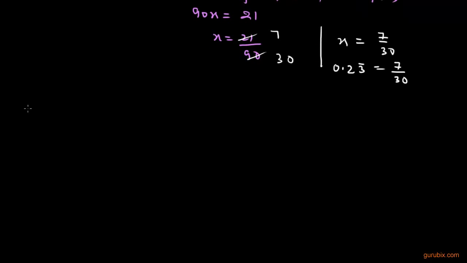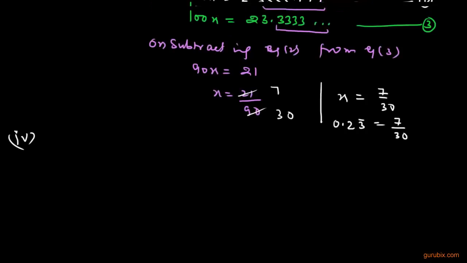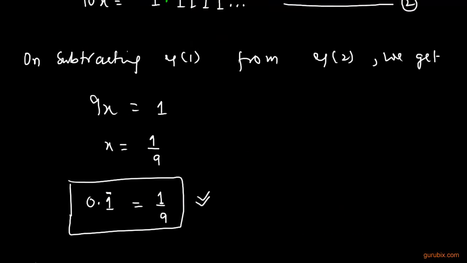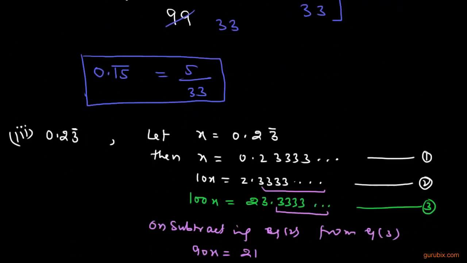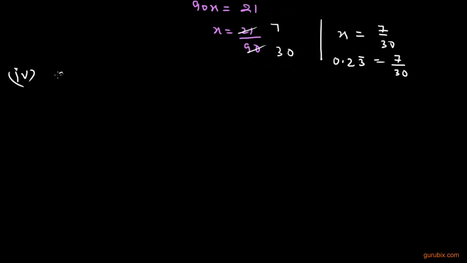Now we shall move to the last part, this means the fourth part of the example, and the fourth part is 0.123 bar, where the bar is just on the 3.